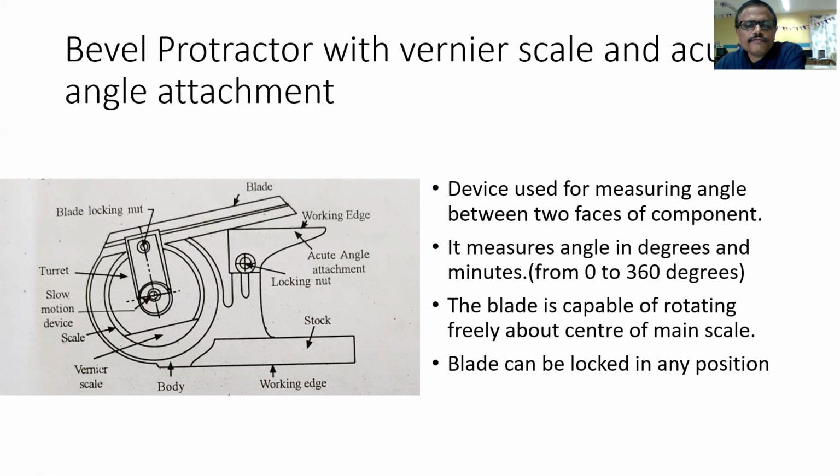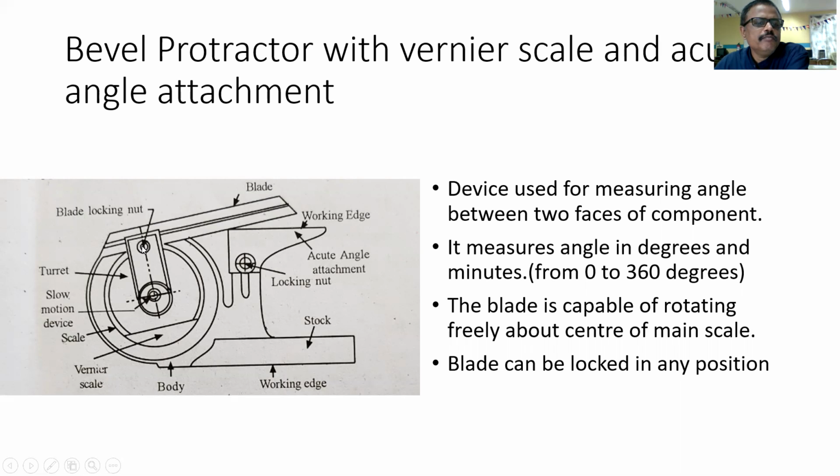The blade is capable of rotating freely about the center of the main scale. So this blade can be rotated to suit the angle measurement, and it can be locked in any position.